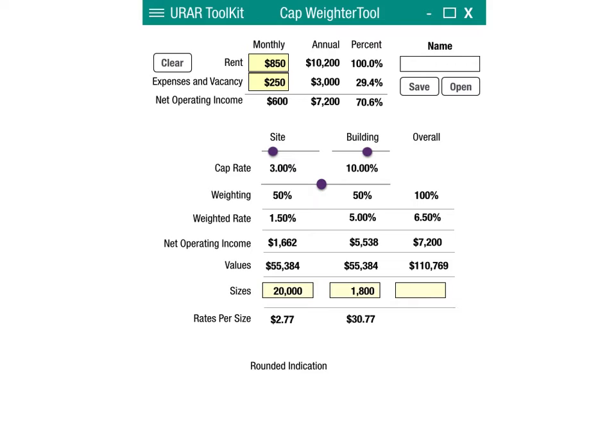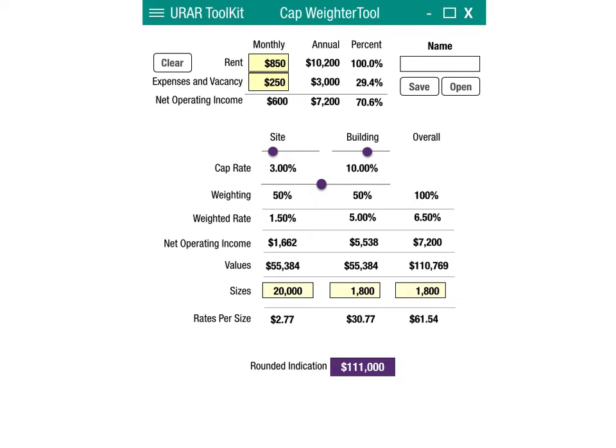We could use that to compare to our cost approach, both our site value on the cost approach as well as the depreciated value for the improvements. If we just plug in the improved rate at 1,800 on the overall value, it would tell us the overall value is generating about $61.54 in a rate per square foot of improvement. Then it will also display the rounded indication.